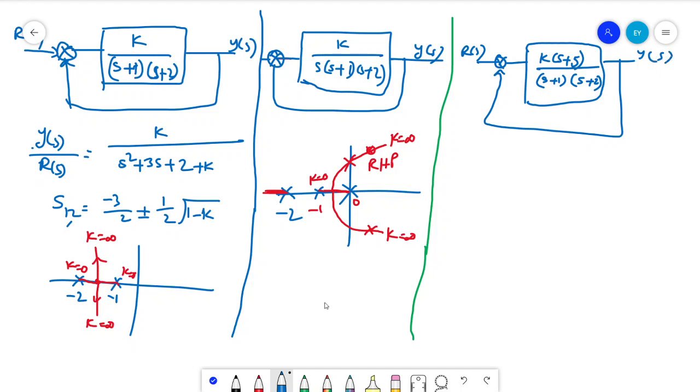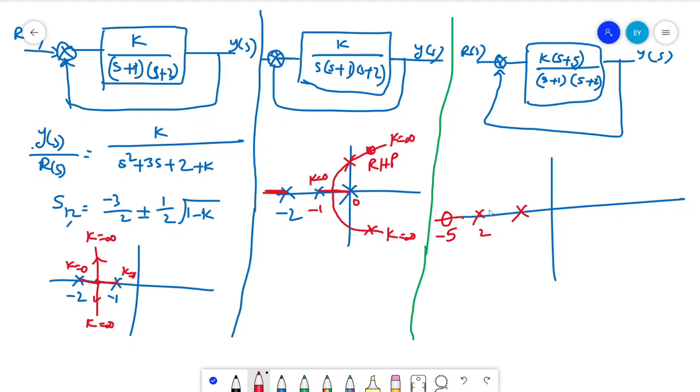So if you check the root locus for this, see open loop root locus, open loop poles at -1, -2, and you have one more 0 at this point. This is 0. Okay, 0 will be represented as 0. This is at -5.